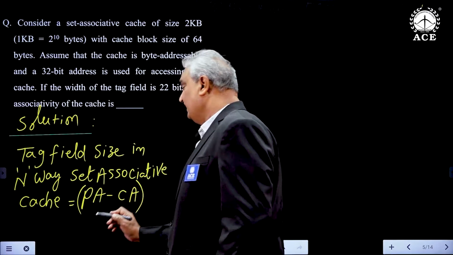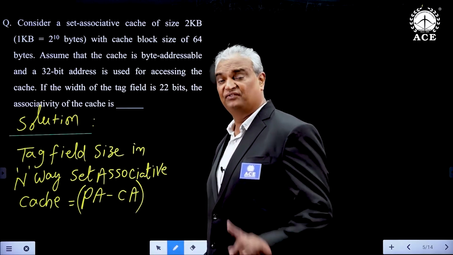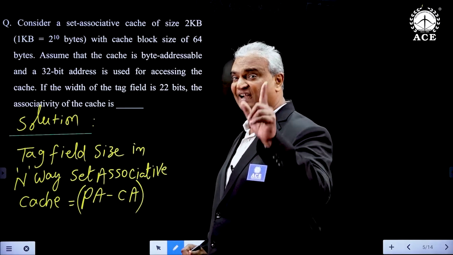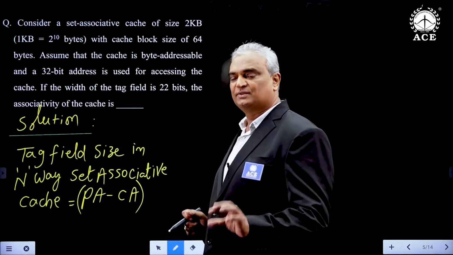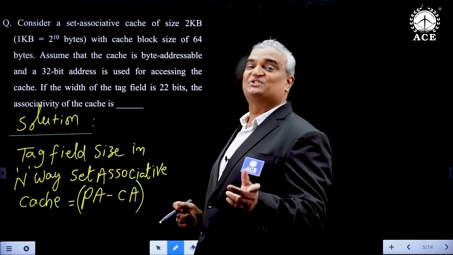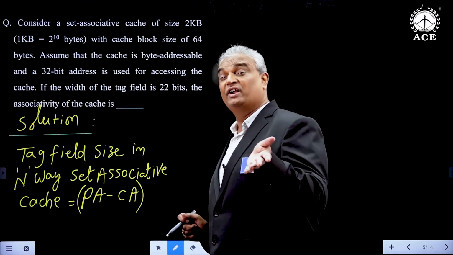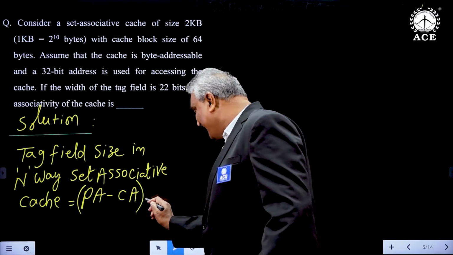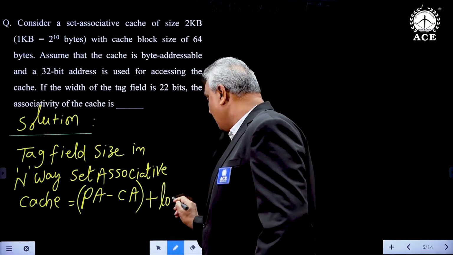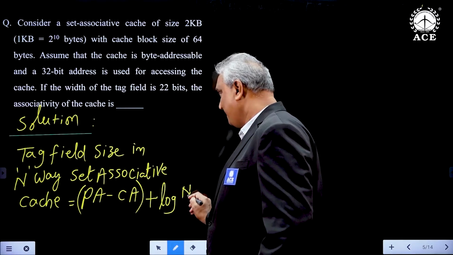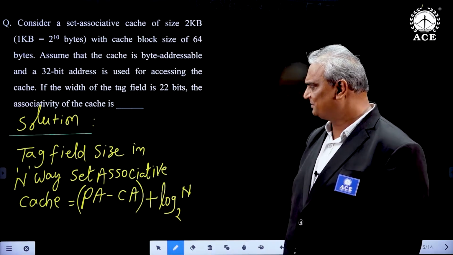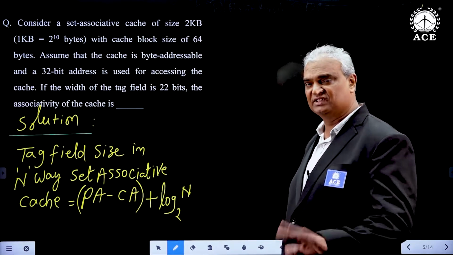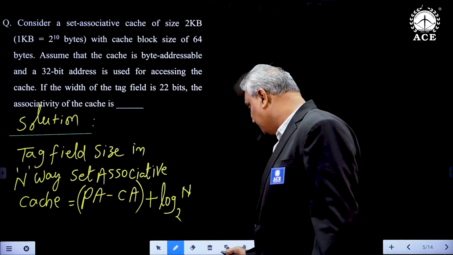What is PA? Physical address, the main memory address size. What is CA? Cache address, the number of bits required for addressing a word in cache memory. This expression is very important for solving some questions in the shortest time.